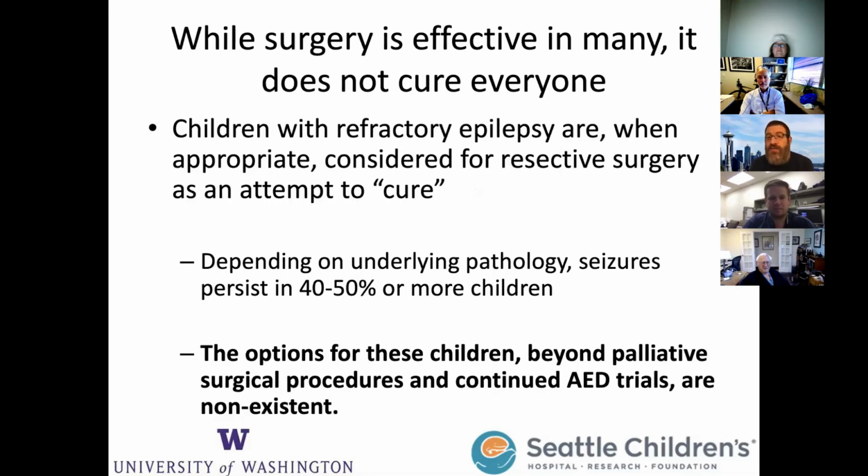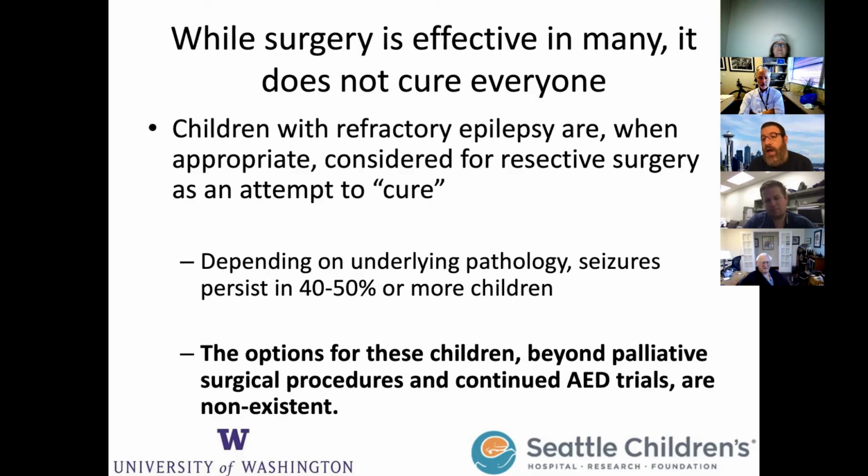While surgery is effective in a lot of children, it doesn't cure everyone. So when we evaluate children in an epilepsy conference and we review all the phase 1 data, what we're fundamentally looking for is evidence to push forward a plan for a curative resective plan, meaning that we have a general knowledge of an area, either lesional or non-lesional, that could potentially be resected for cure of epilepsy.